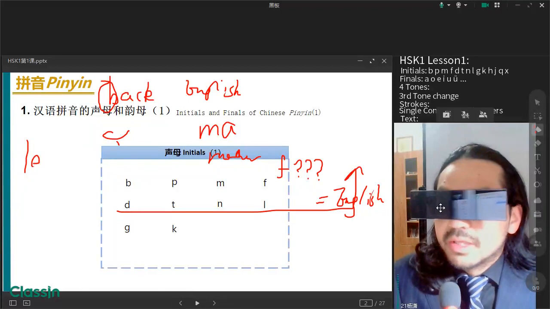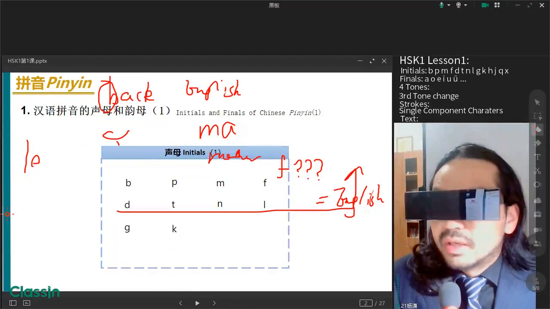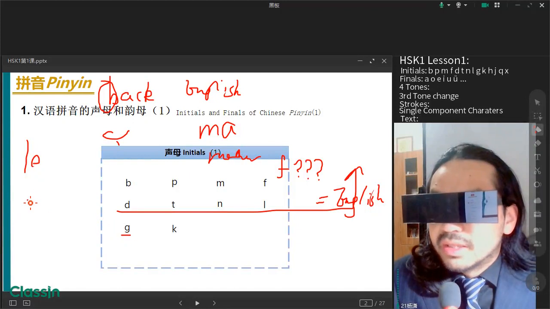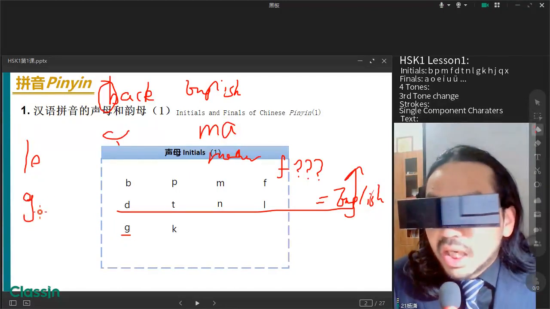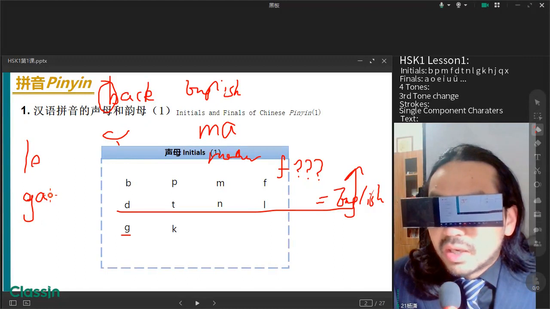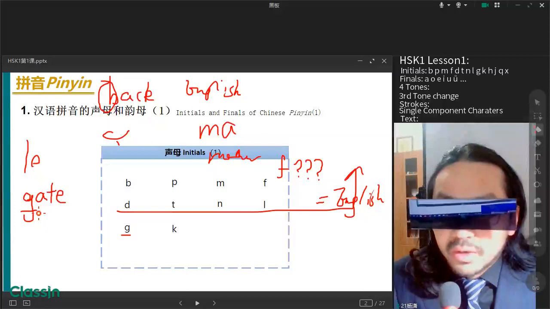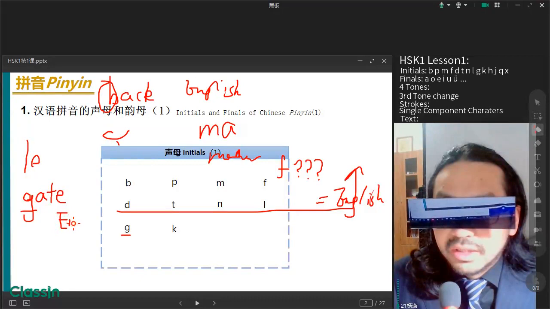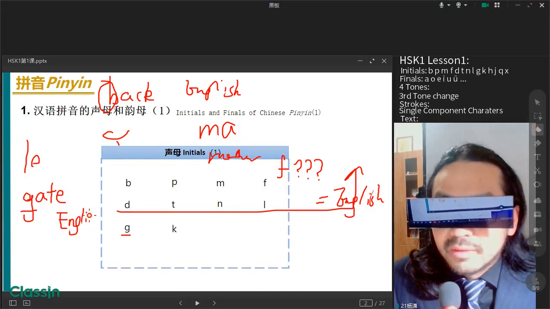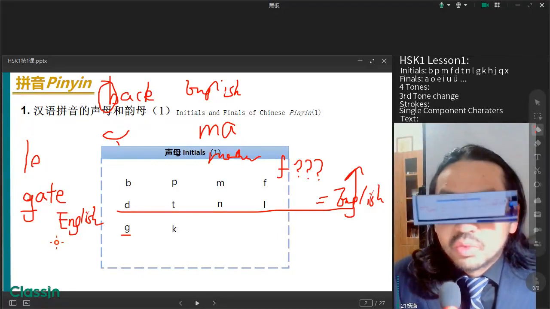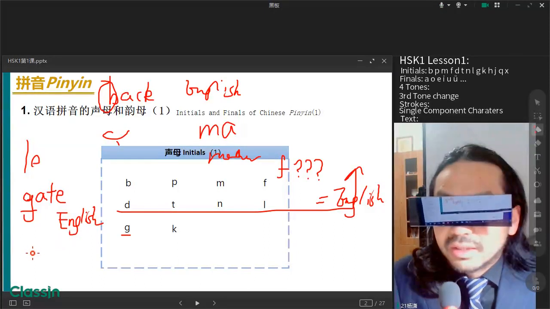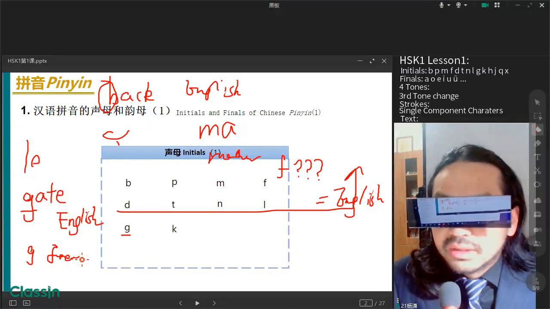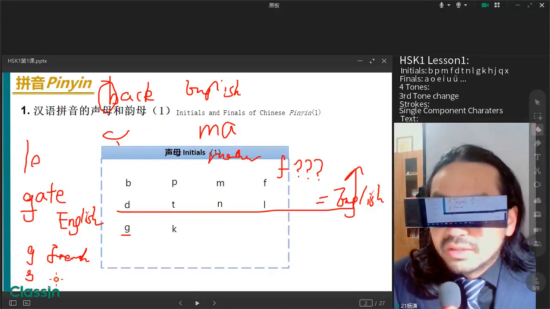Next one. Okay, excuse me. We go first to go through this one. This one is G, as you read it in the English gate. Gate. It should always be the English gate. It does not have any sound like the French G or the English G as in giraffe.